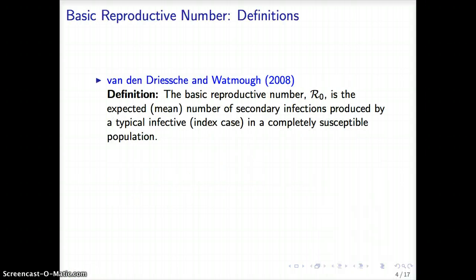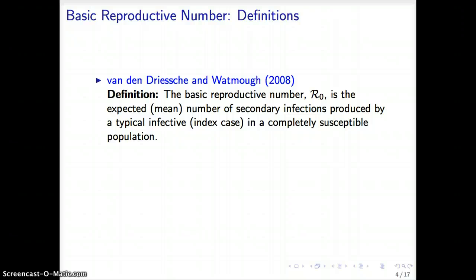So we had seen this definition before, but let's make sure we are on the same page. The basic reproductive number, R naught or R0, is the average number of secondary infections produced by an infective that is introduced into a completely susceptible population.